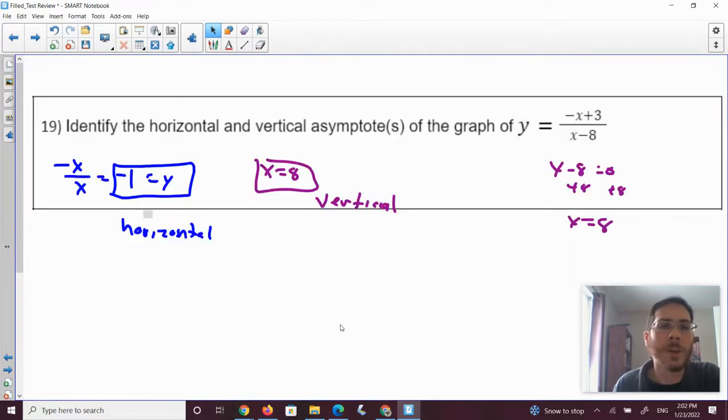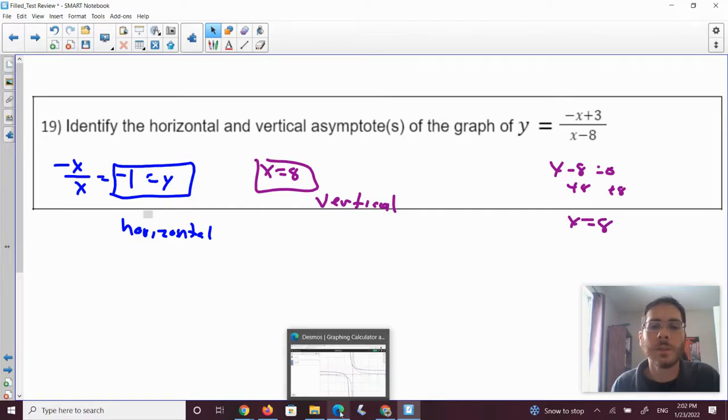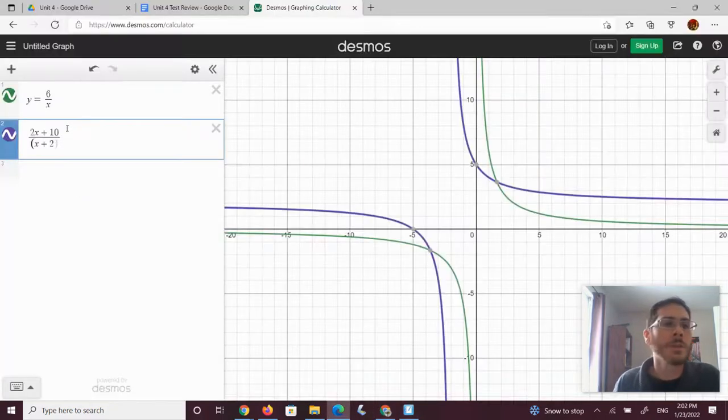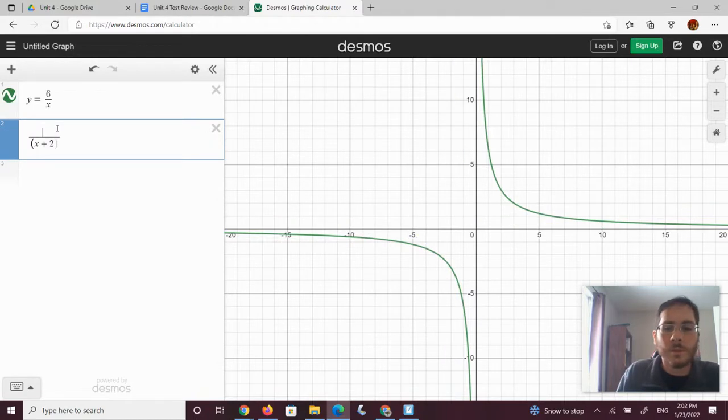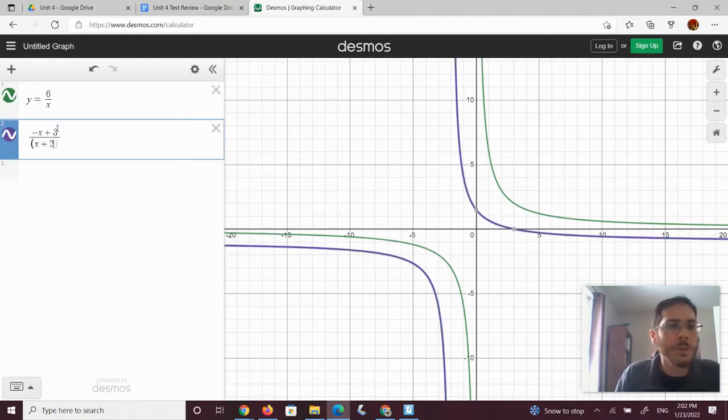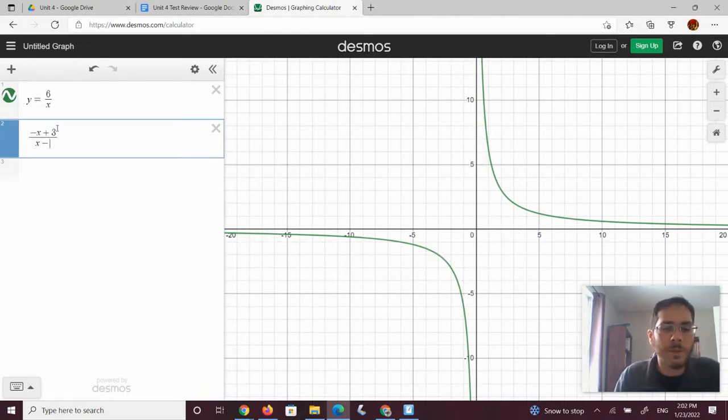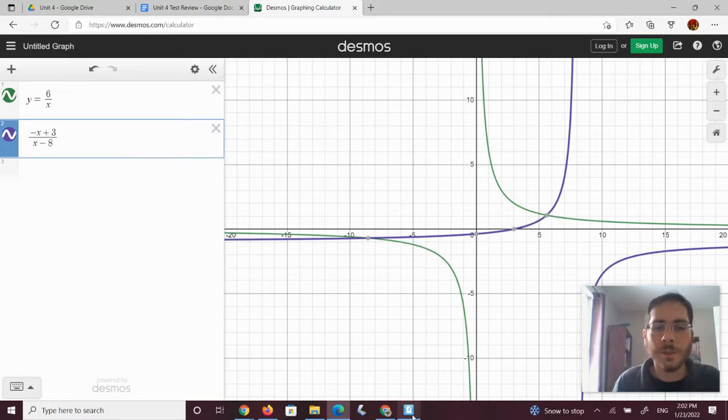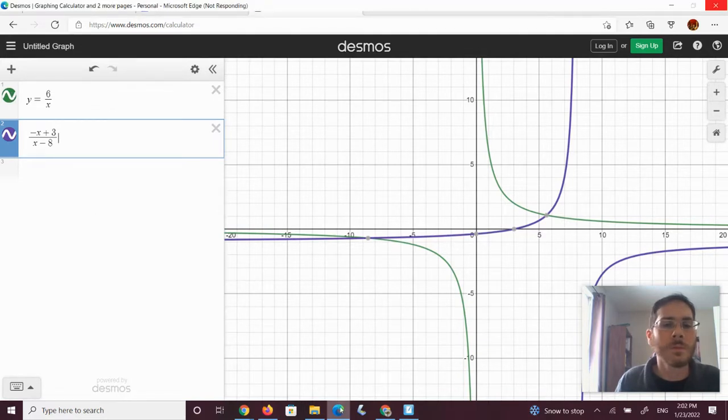18, just have to do that one by hand. 19, negative x plus 3 over x minus 8. X plus 3 over x minus 8. Let's get this one off the screen.